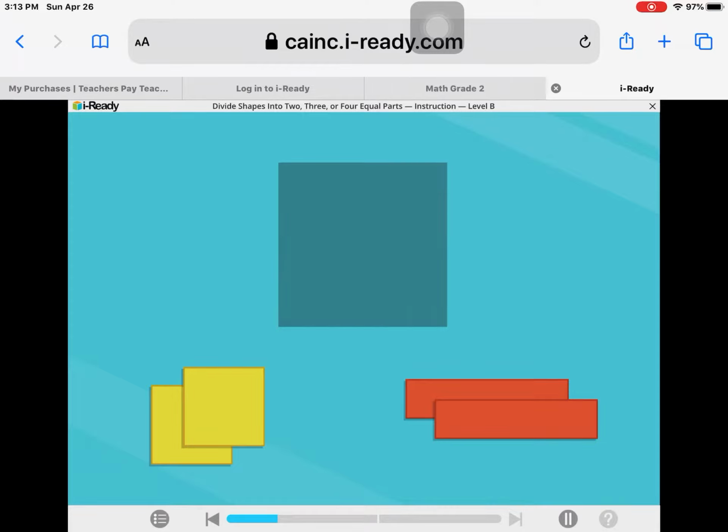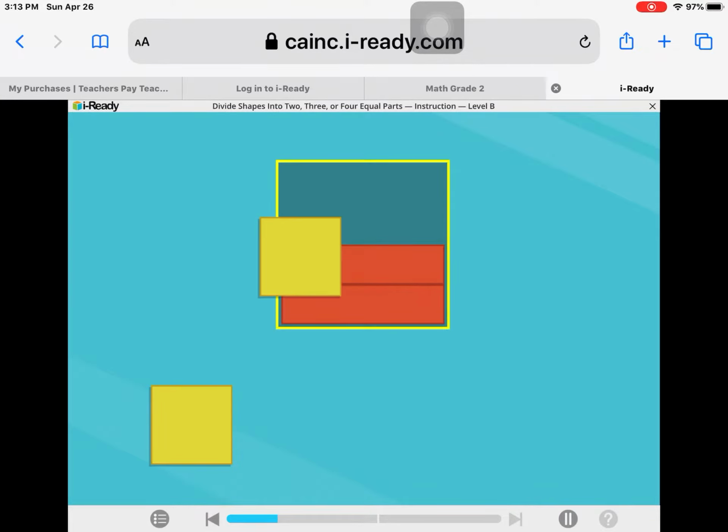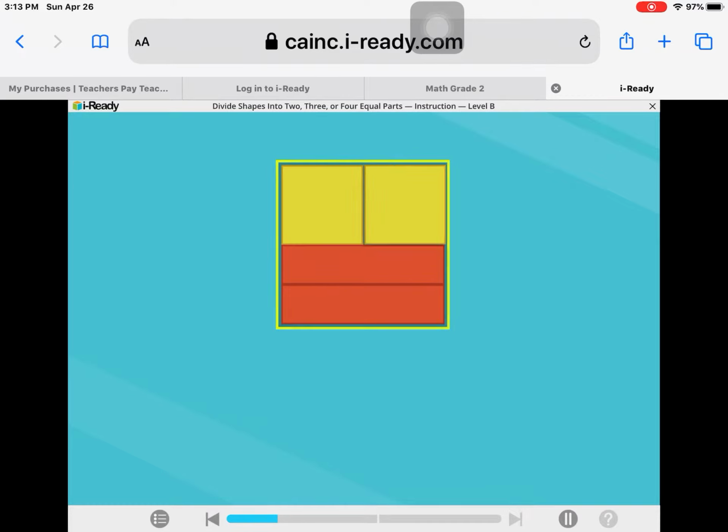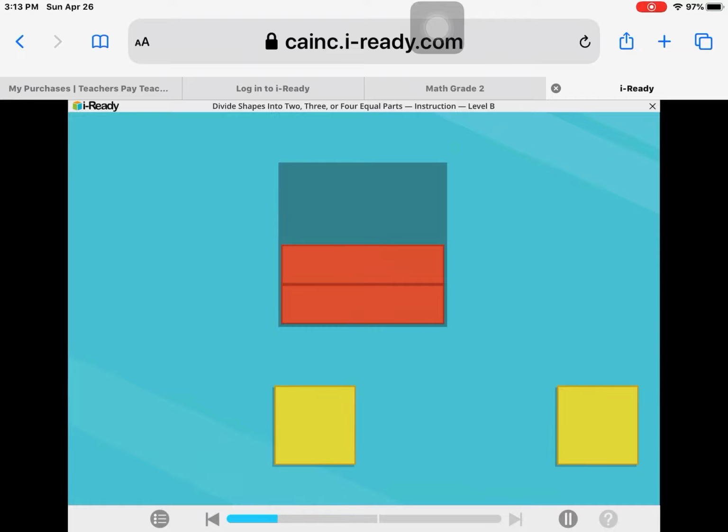Drag the shapes to fill the puzzle. Now the fourths in the puzzle are 2 squares and 2 rectangles. Each square and each rectangle takes up the same amount of space.